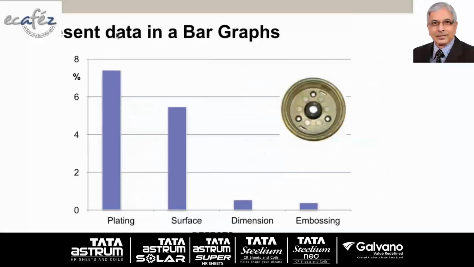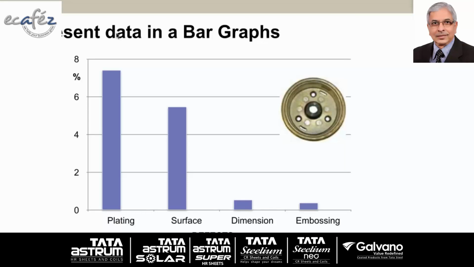And here the 4 kinds of defects were presented in a bar graph, and the operators were trained which graph is which kind of defect coming. Every week this graph was displayed, and it helped even the layman operator to identify what kind of defects are coming.